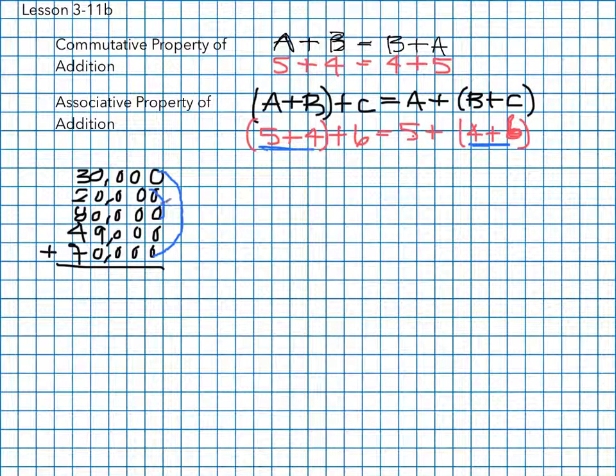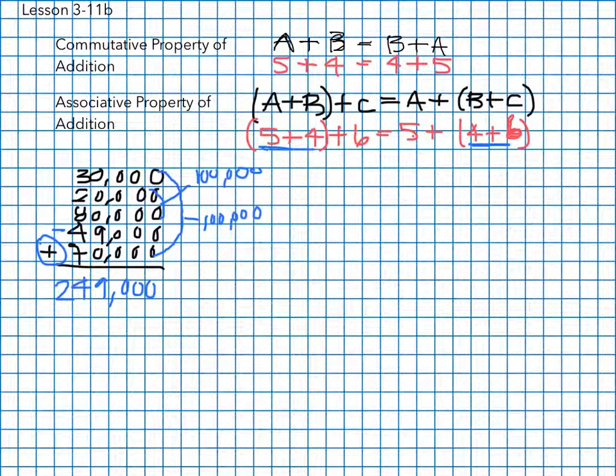So this is 100,000. This is 100,000. So all I have left now is 49. Well, 100,000 plus 100,000 is 200,000. And then I just have this left, 249,000. And all we did, boys and girls, is we just moved numbers around because we can, as long as we are adding and technically multiplying.